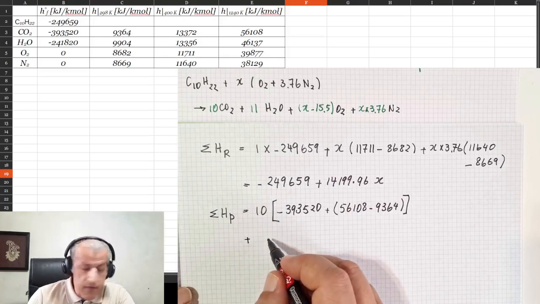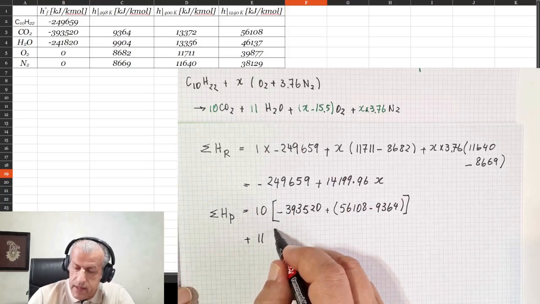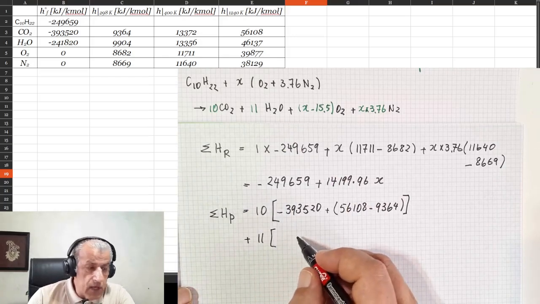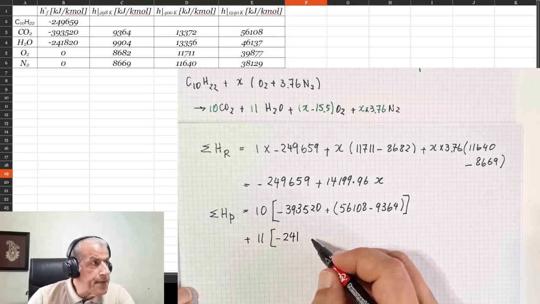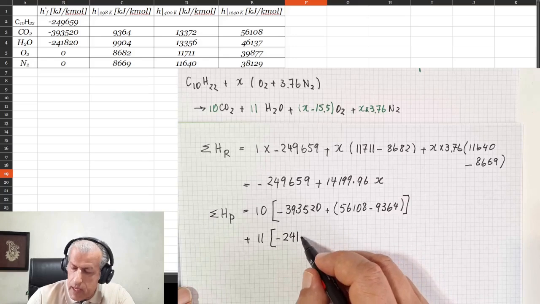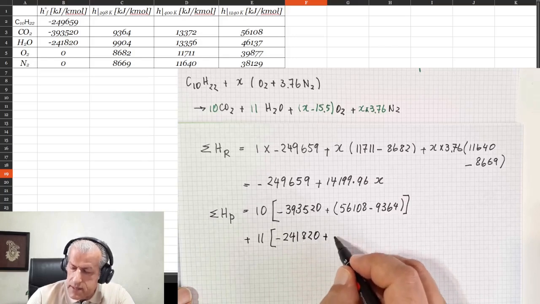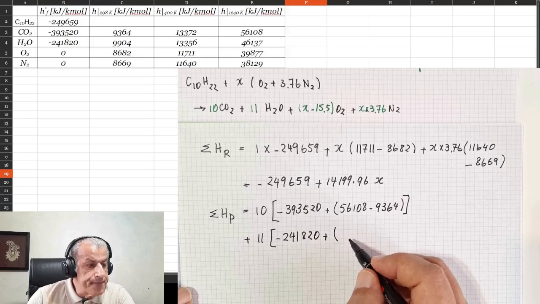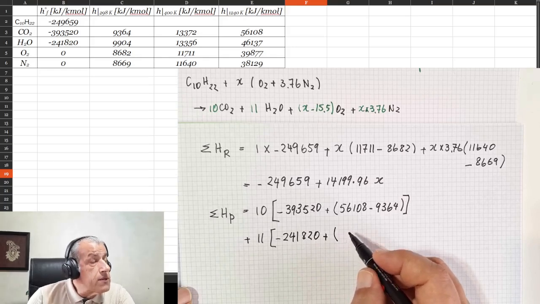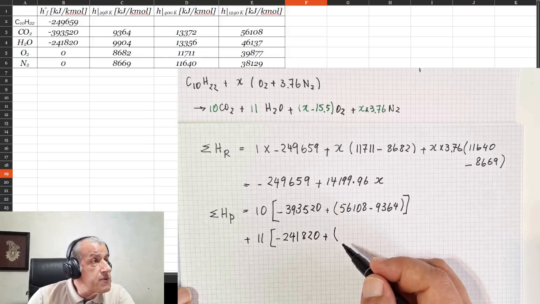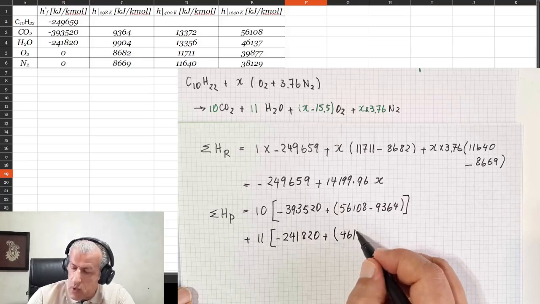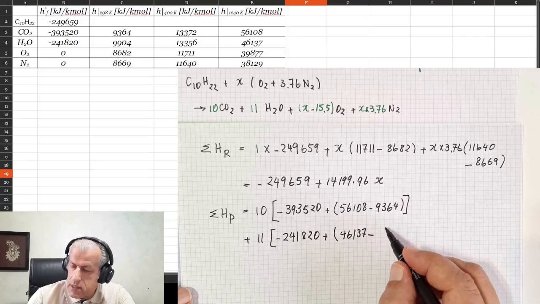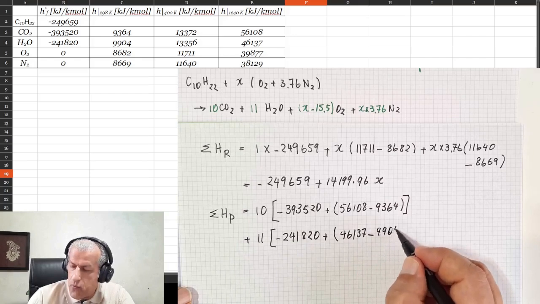There are 11 moles of H2O, 11 times the enthalpy of formation for H2O, which is minus 241,820, plus, now, the enthalpy due to its temperature, its sensible enthalpy for H2O is 46,137 minus 9904.